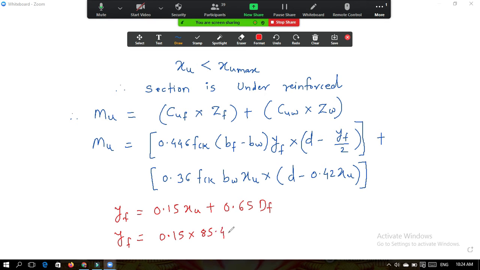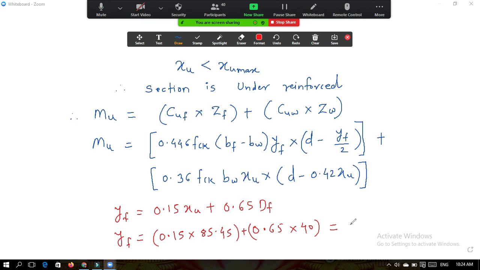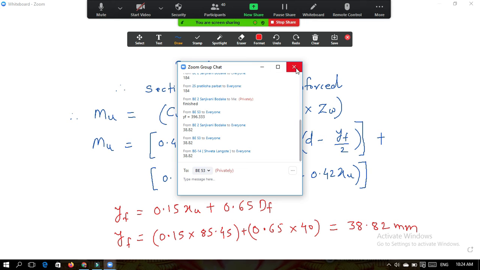Our value of XU is 85.45 plus 0.65 into DF. So depth is 40. If you solve this, you will get the value of YF. Let me know the value of YF. 38.82. Okay, so the value of YF is 38.82. If you finished up to this point, let me know. We will move to the next step.